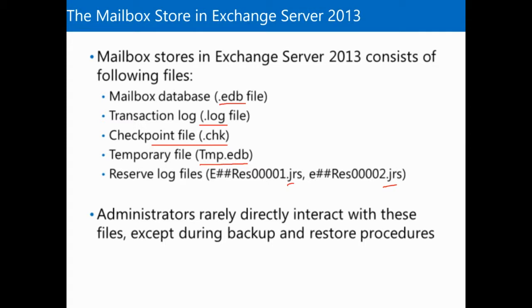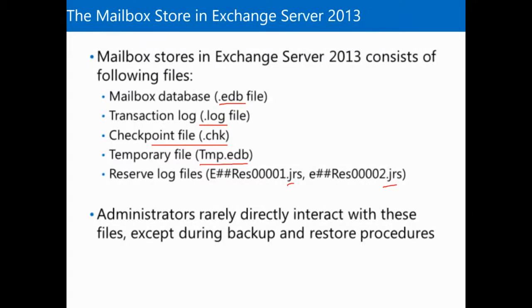Each database log prefix determines its checkpoint file name. For example, the checkpoint file name for a database with the prefix E00 would be E00.CHK. This checkpoint file is several kilobytes in size and does not grow. Fixed size.